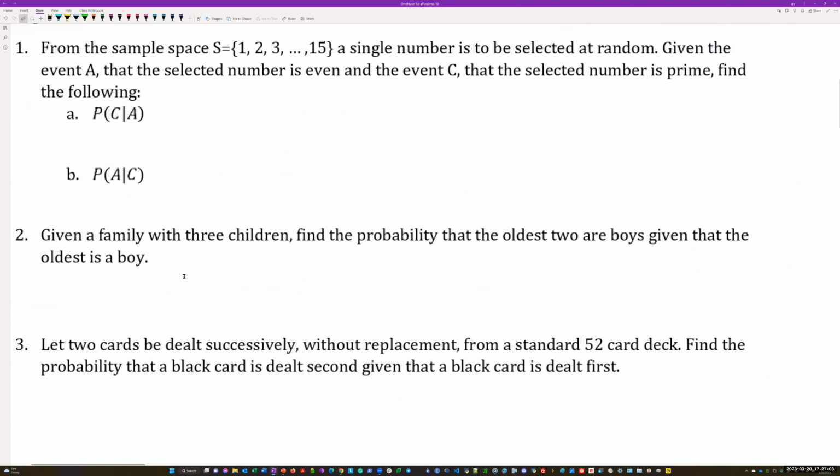All right, from the sample space, S is equal to 1 through 15. A single member is to be selected at random. Given the event A, that the selected number is even, and this event C, that the number is prime, find the following. All right, let's just first identify what is prime here.